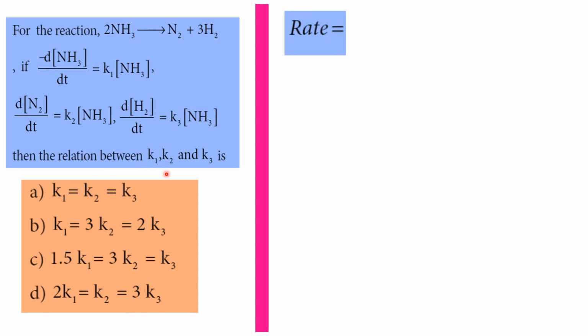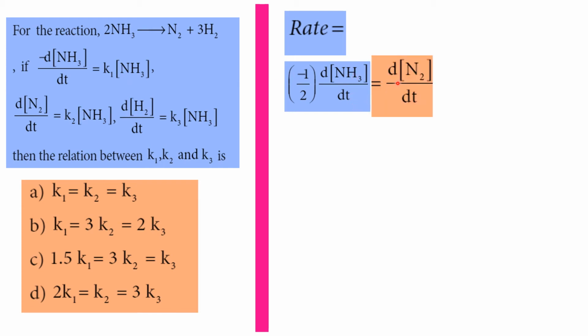Rate that's equal to with respect to ammonia reactant, so minus 1/2 the change in concentration of ammonia with respect to time. For N2 the change in concentration of N2 with respect to time. For hydrogen 3 there, so 1/3 the change in concentration of hydrogen with respect to time.